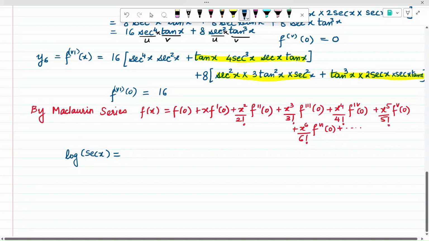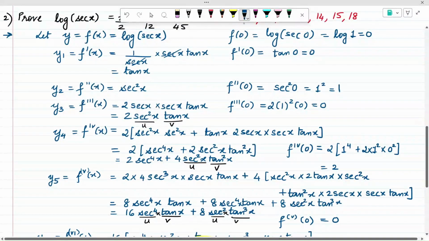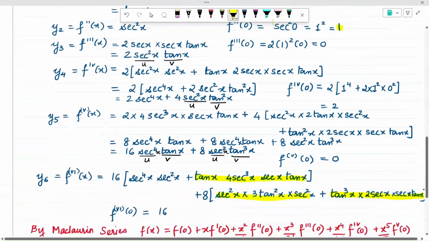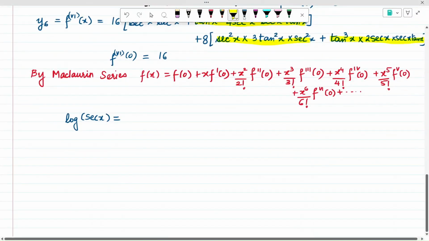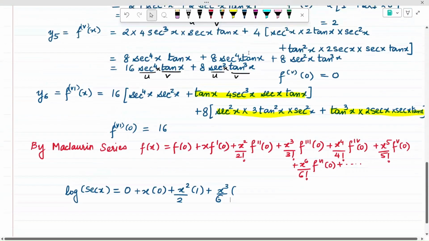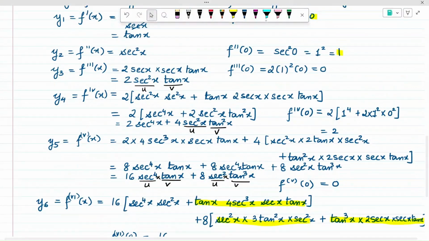Okay, let's start with f of 0. f of 0 here is 0. Next is 0. Then you have 1. So the first two terms are 0. So you have 0 plus x times 0 plus x square by 2 times 1. x cube by 3 factorial, which is 6, into f triple dash. f triple dash here is 0 again.